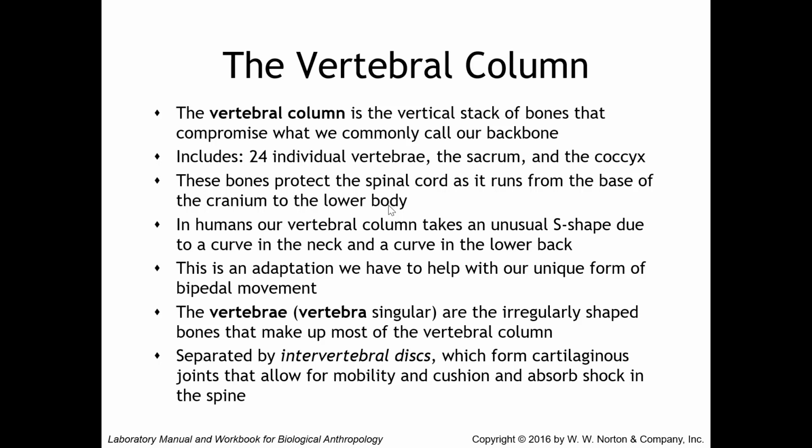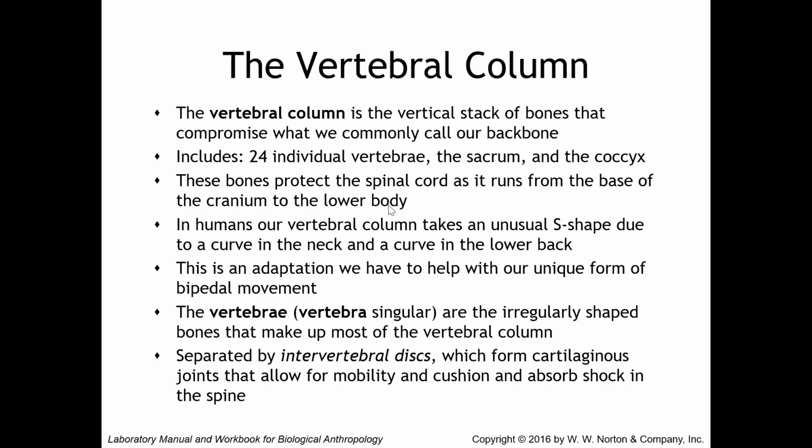These bones protect the spinal cord as it runs from the base of the cranium to the lower body. In humans, our vertebral column takes an unusual S shape due to the curve in the neck and a curve in the lower back. This is an adaptation to help with our unique form of bipedal movement, and we'll talk about this again when we talk about bipedal adaptations.